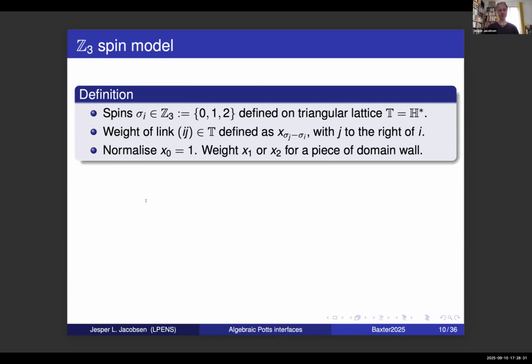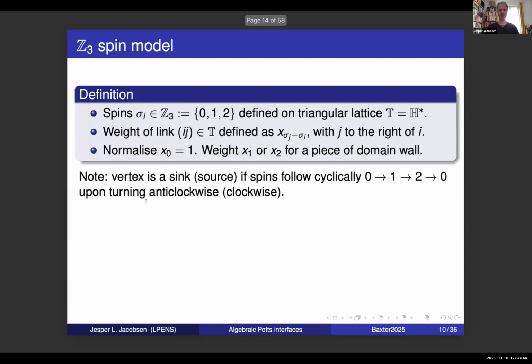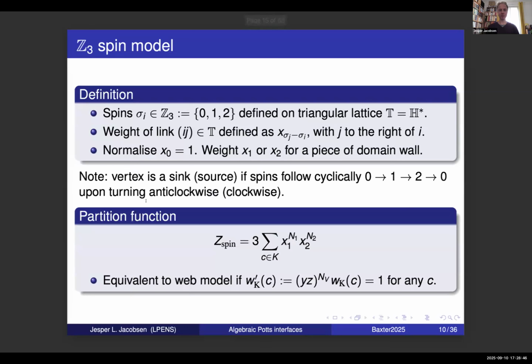And let's normalize then by setting x0 equals to 1. That means that whenever we have a domain wall in this 3-state model, it's going to be given a weight x1 or x2, depending on its orientation. The partition function is going to be now 3 times the sum over exactly the same object as we had before, times x1 to the number of x1 type vertices and x2 to the number of x2 type vertices.